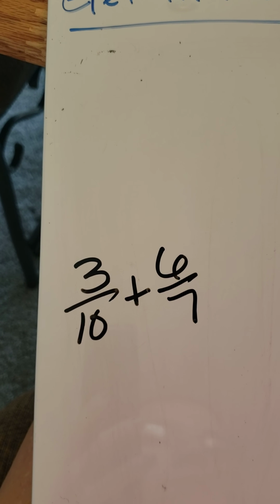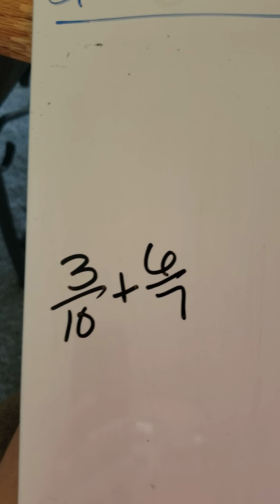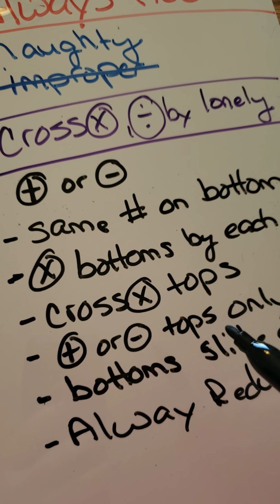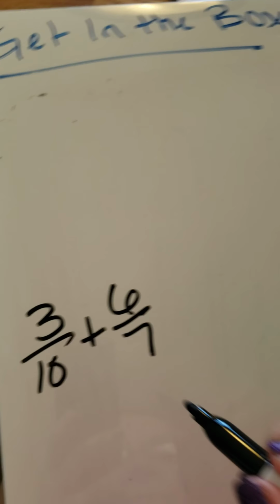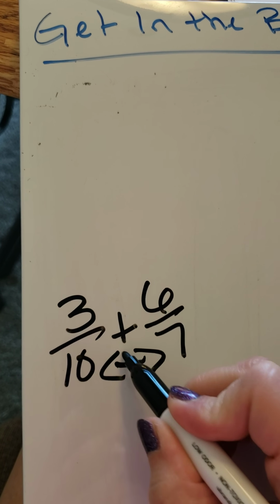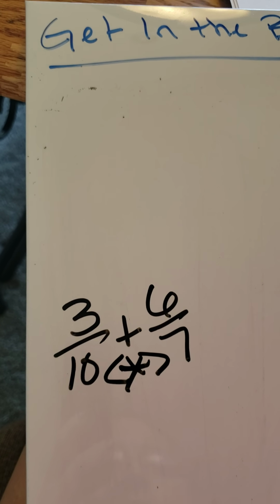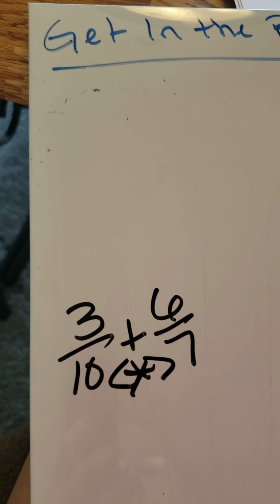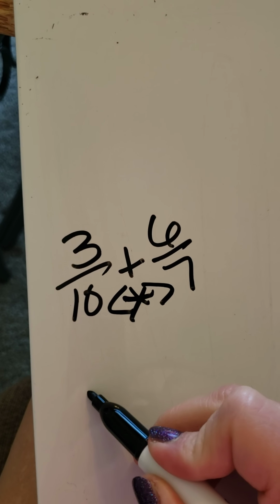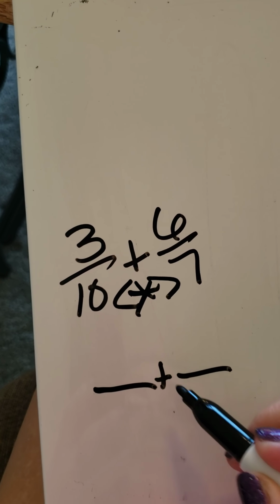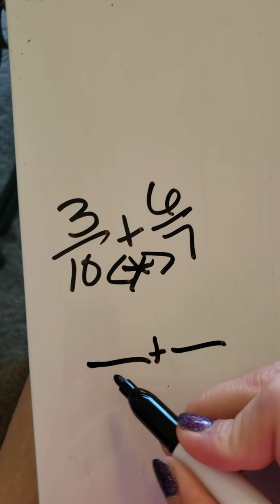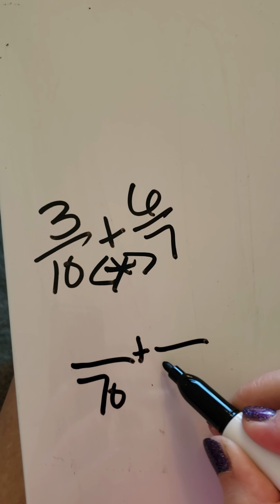Easiest way to do that again, multiply the bottoms by each other. Perfect. Okay, so make a new problem. 10 times 7, 70.